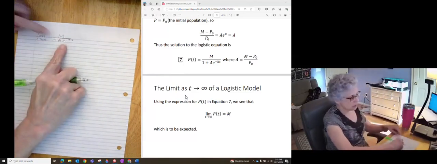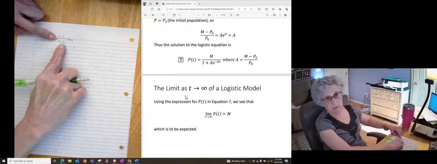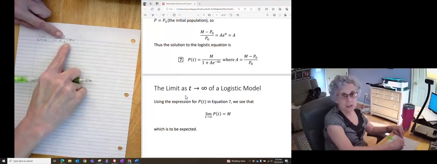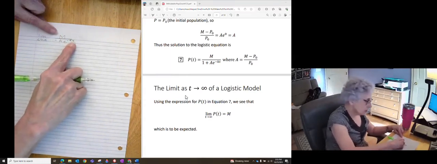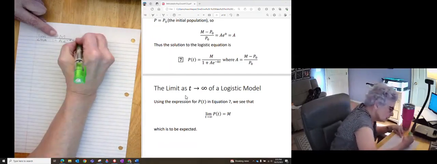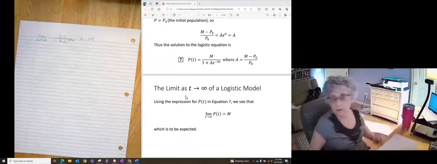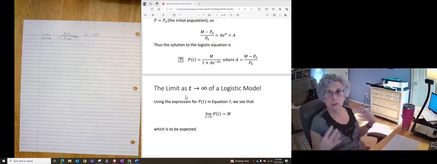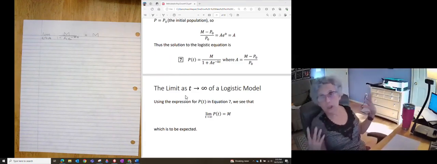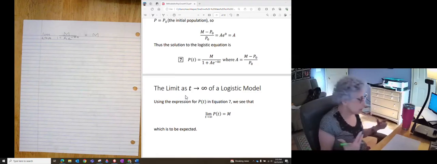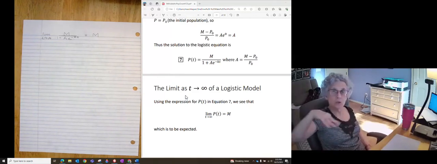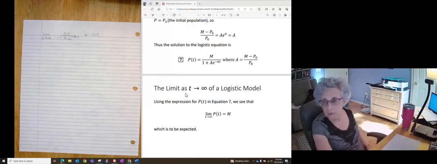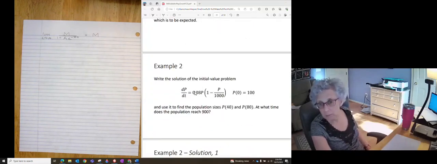As t approaches infinity, this is approaching 0 because you have e raised to a negative power. So you have m over 1, which is just m, which means in the long run, eventually, the population approaches the carrying capacity. That's the horizontal asymptote of this model.